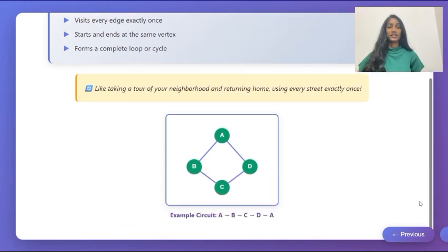For example, in this graph, we can start at A, move to B, then C, then D, and finally return to A, using each edge exactly once and coming back to where we started: A, B, C, D, A. This is an Eulerian circuit.